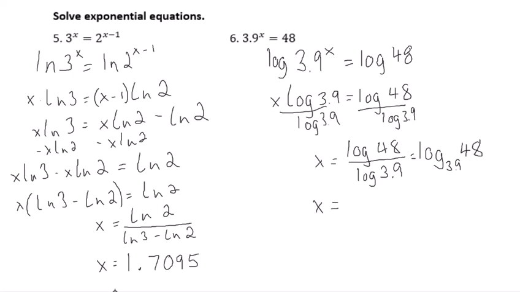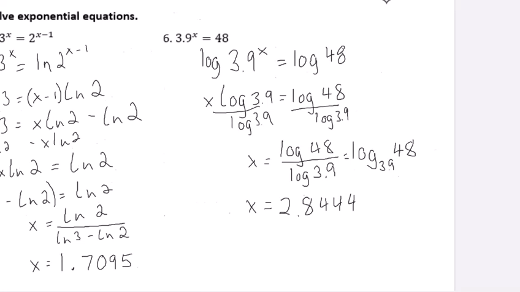And on our calculator we get 2.8444. When you are putting these in your calculator, if you're not getting these answers on your own, make sure you're closing your parentheses, especially on the TI calculators. All right, let's look at some other examples.